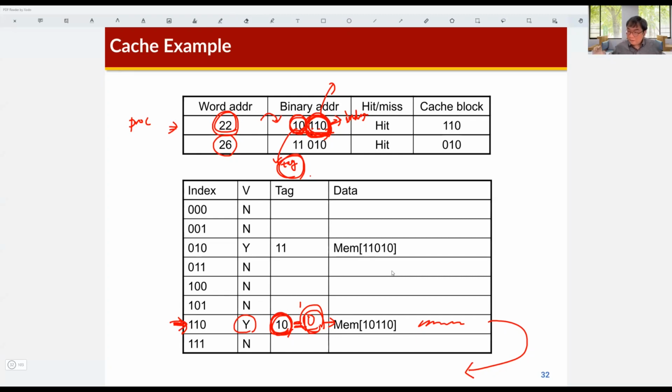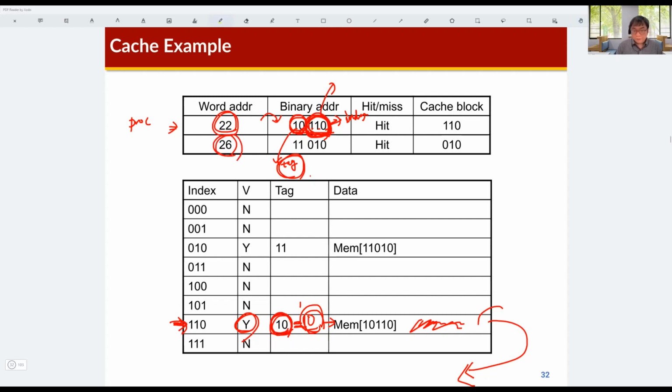If it is the same, and the entry is valid, meaning the data is valid and the tag is the same, then the requested data is stored in the cache, and this data is provided to the processor.